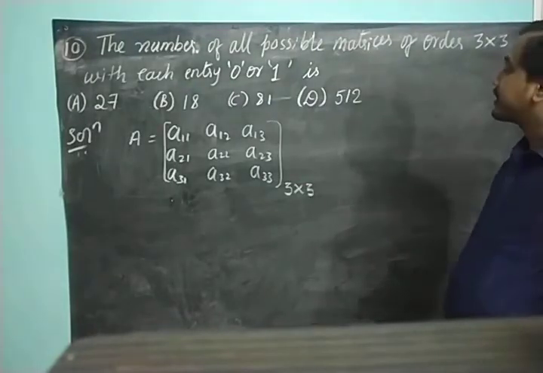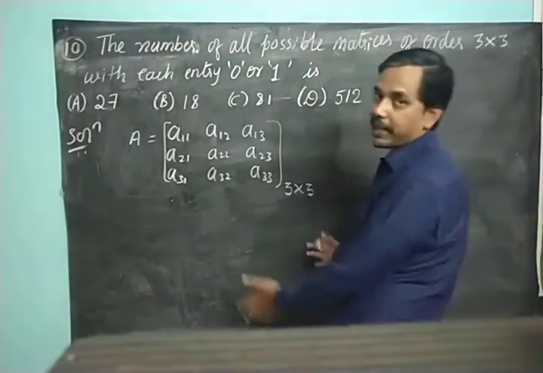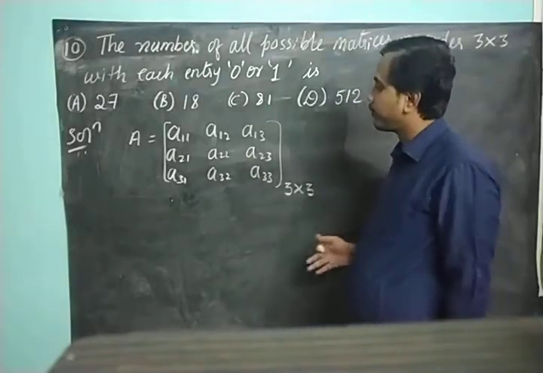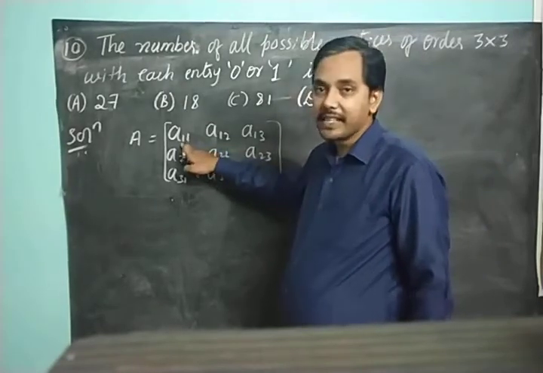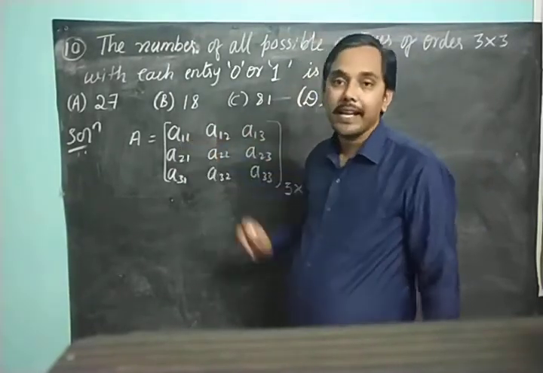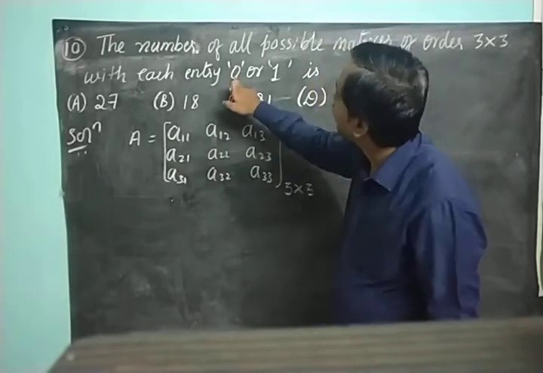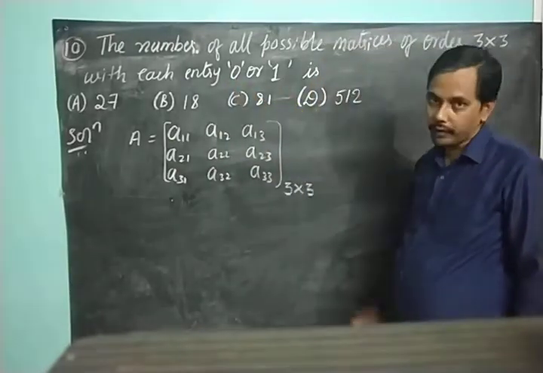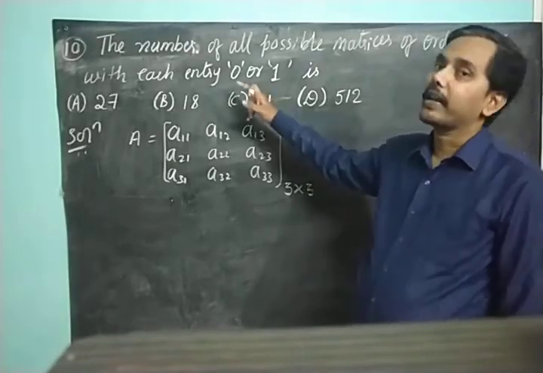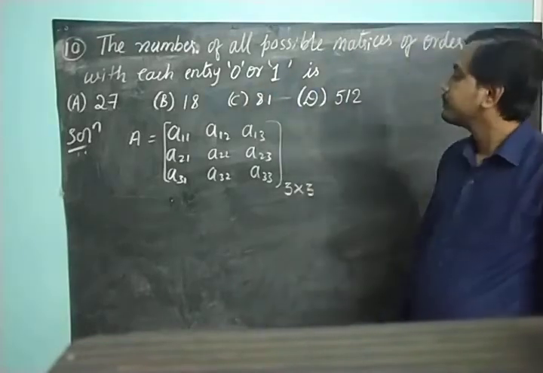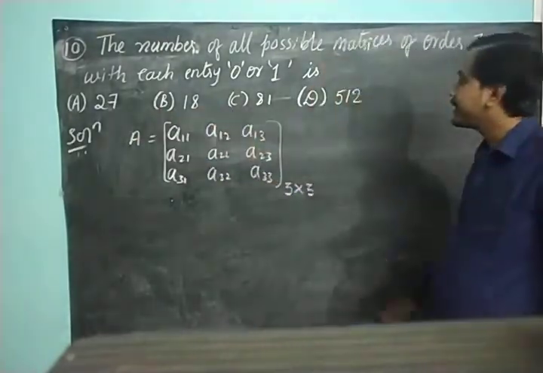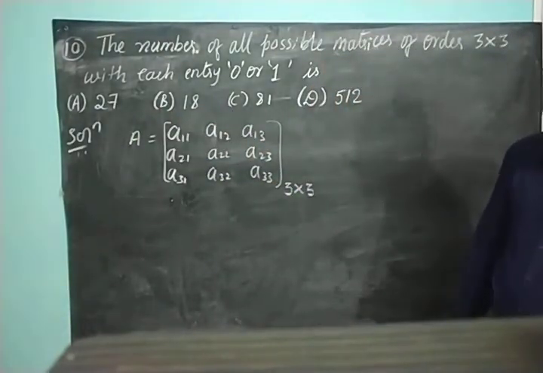So how many of these type of matrices are possible if each of these entries can take the value either 0 or 1? Is that clear? Option A is 27, B is 18, C is 81 and D is 512.